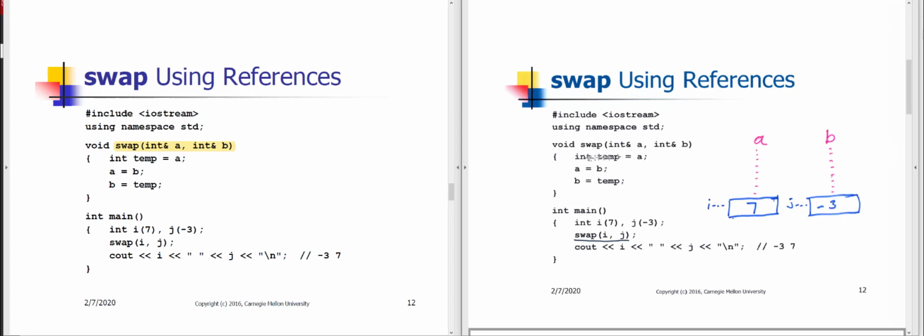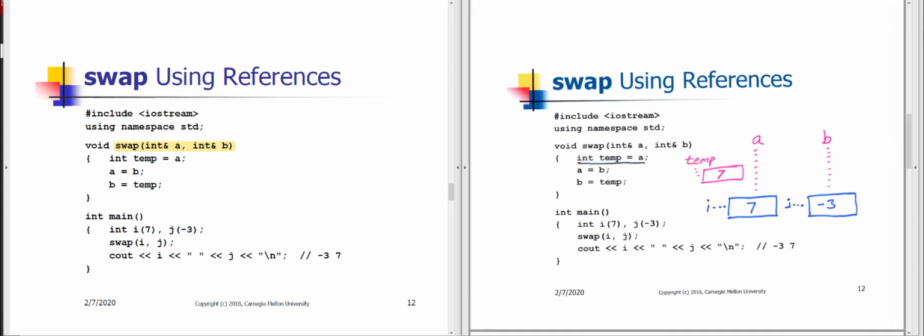So when I start executing statements in swap, starting with int temp is initially A, well, temp is an int variable within the stack frame for swap, and it gets initialized with the value of A, but A is referring to this integer object containing 7. So temp now gets that value 7.